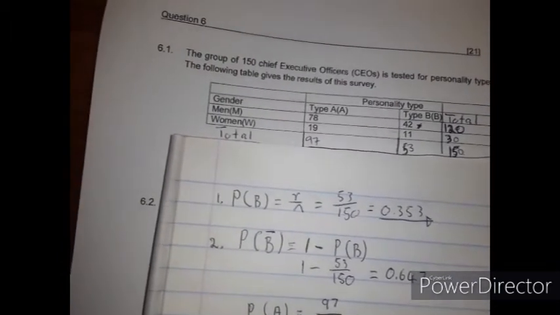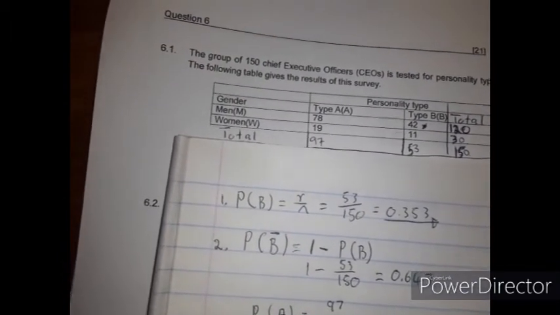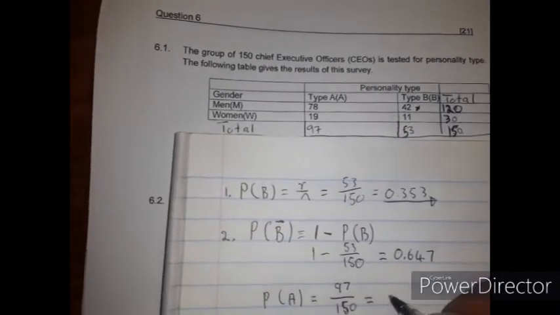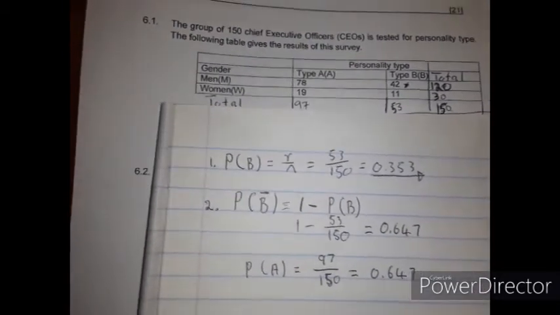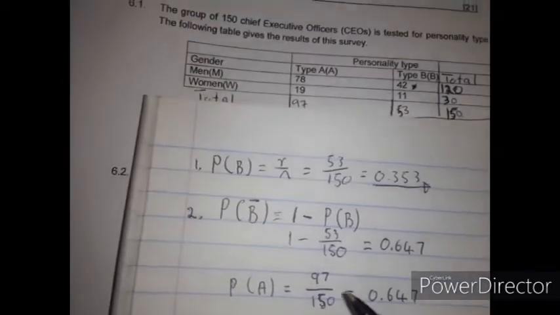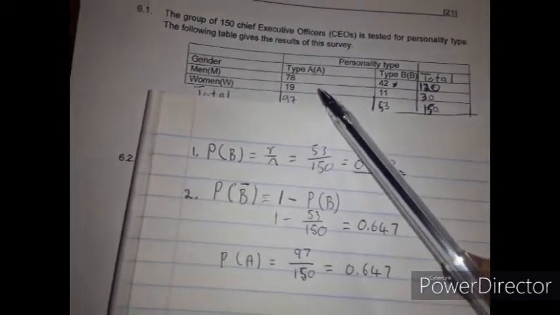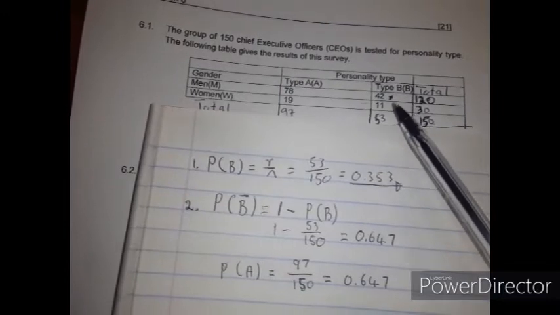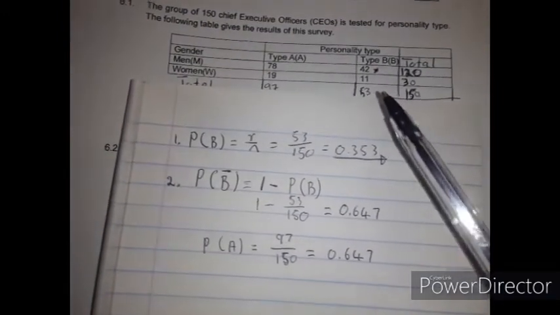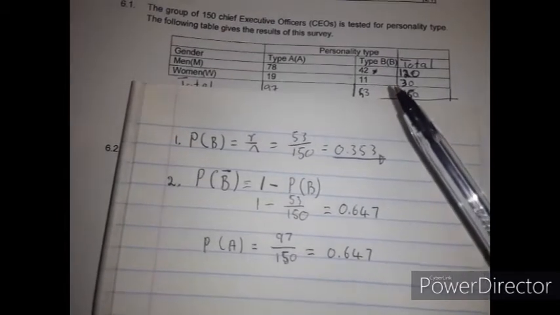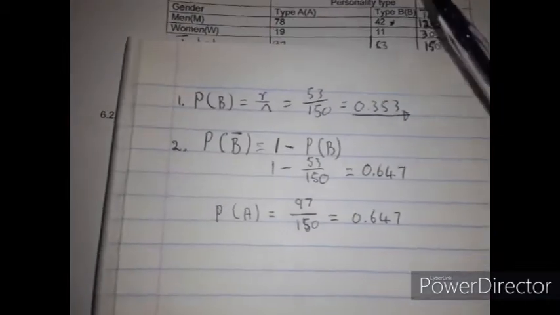So 97 over 150 will give you the same answer, 0.647. Either you calculate type A, since we don't want type B, or just exclude the event that you don't want from 1, which is the total of the probability.